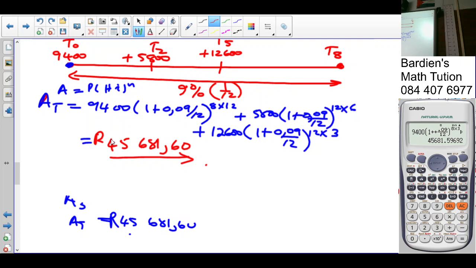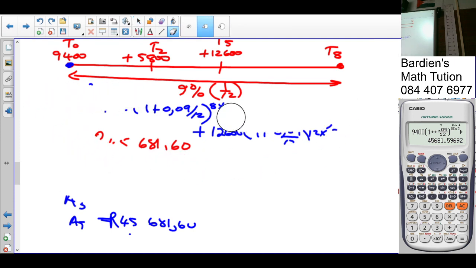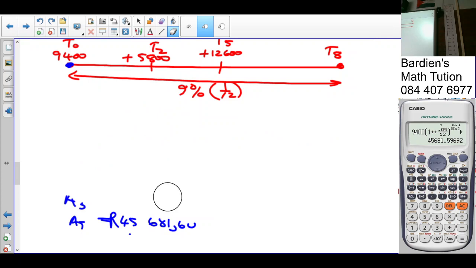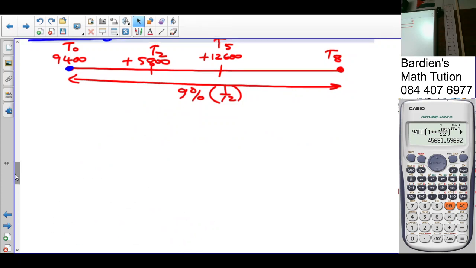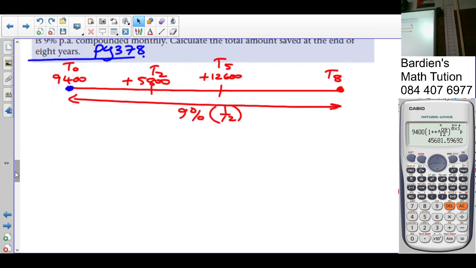That is easier, no? But as I said, there's some people that find it difficult to understand. Otherwise, you could have done it this way as well. And all ways are acceptable. They won't tell you to use the substitution way, the year by year or entry by entry. You can do it any way.